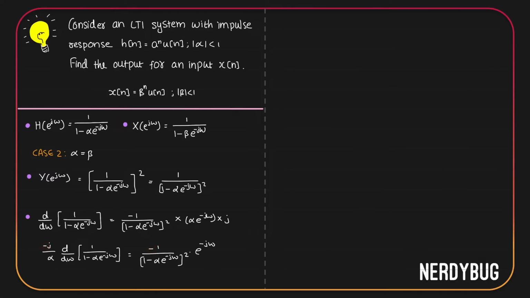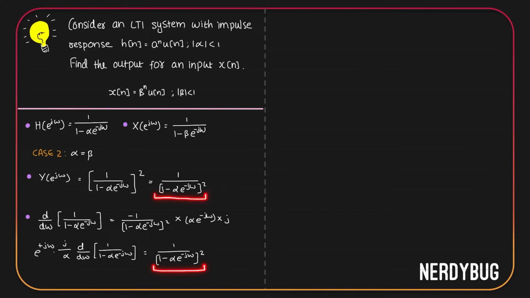Let us cancel them. We have e raised to minus j omega here. Let's take it to the other side. It will become e raised to plus j omega. Now the right hand side of this equation is exactly whose inverse Fourier transform we have to find out. So we can say Y of e raised to j omega is e to the power j omega times j by alpha d by d omega of 1 by 1 minus alpha e raised to minus j omega.